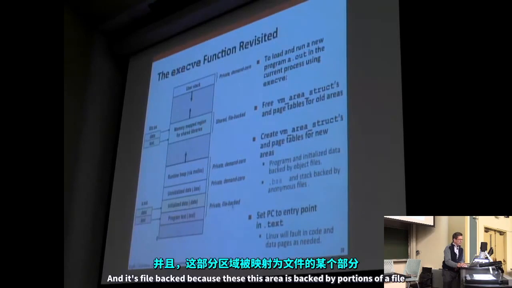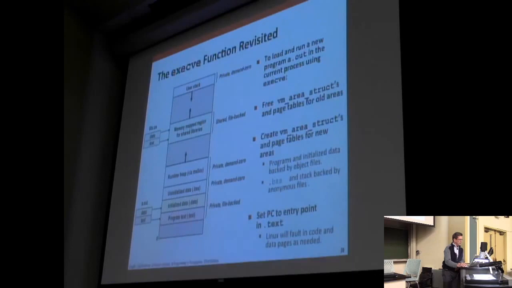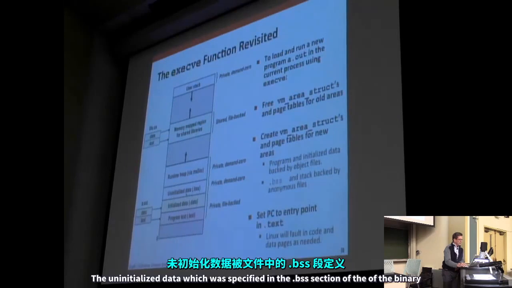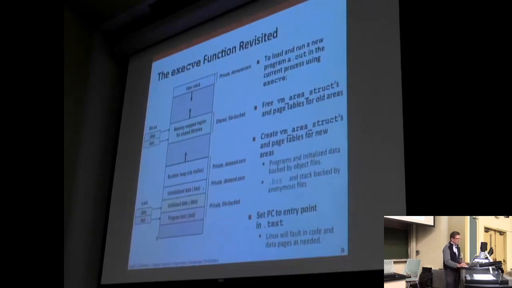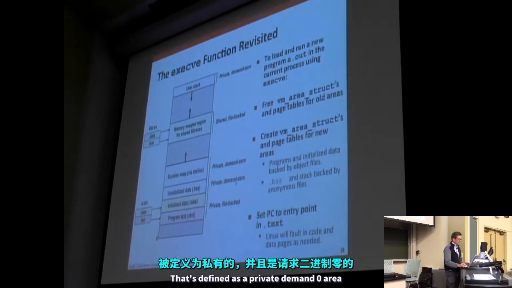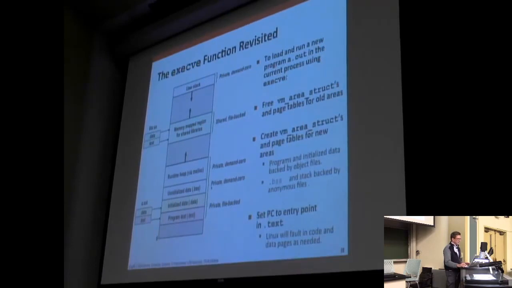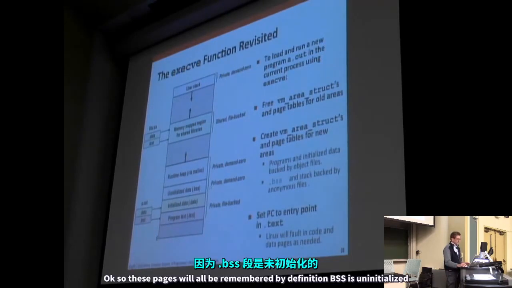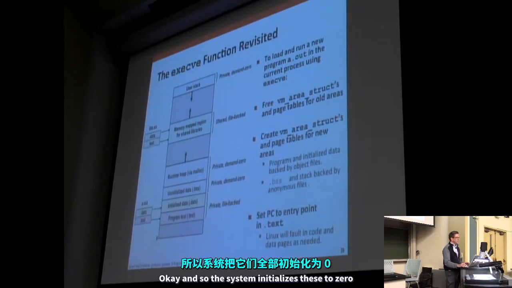And it's file backed because this area is backed by portions of a file. The uninitialized data, which was specified in the BSS section of the binary, is defined as a private demand zero area. Remember, by definition BSS is uninitialized, and so the system initializes these pages to 0.